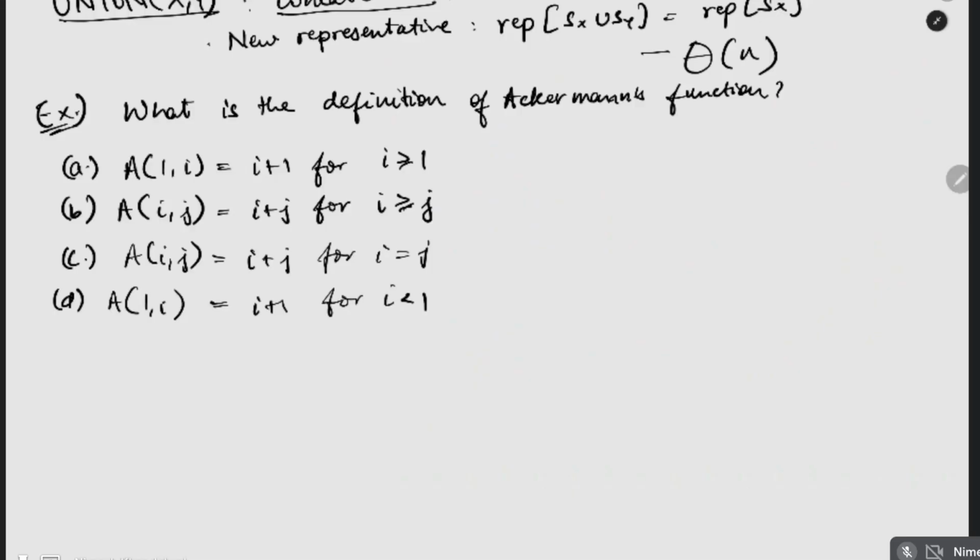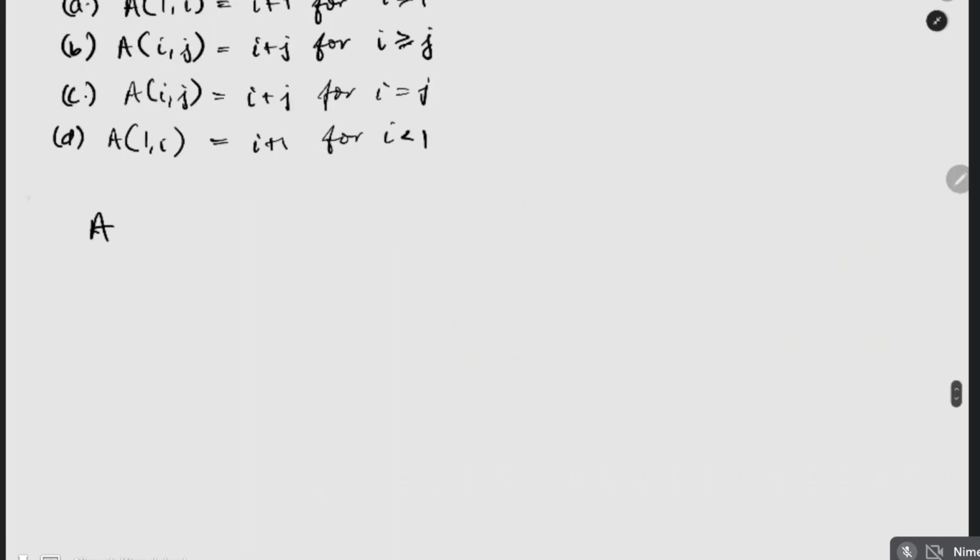Right, so let's look at the definition of the Ackermann function. For i, j, it is j plus 1 if i is 0.